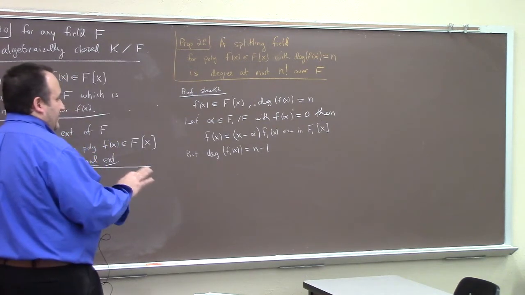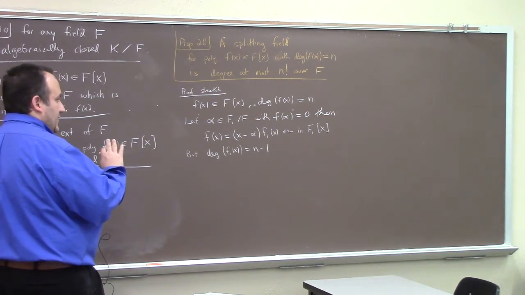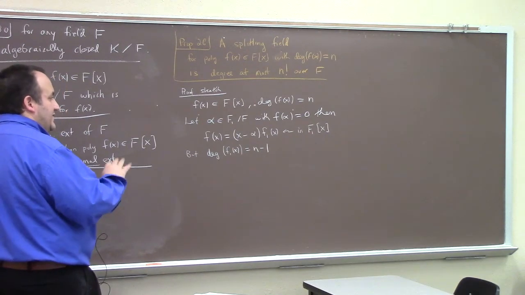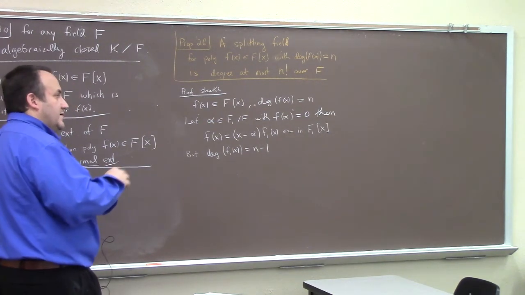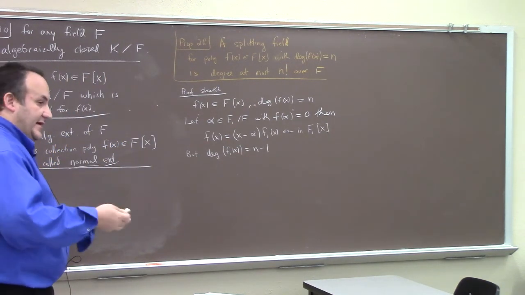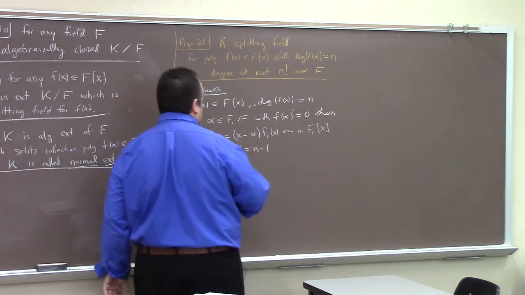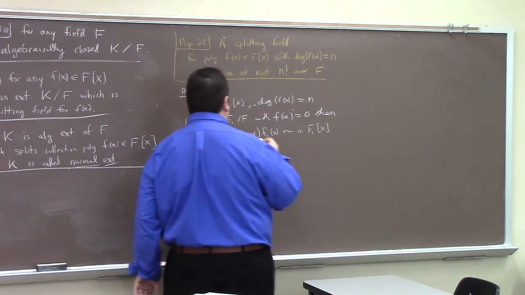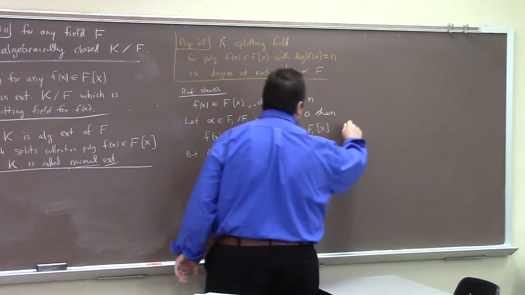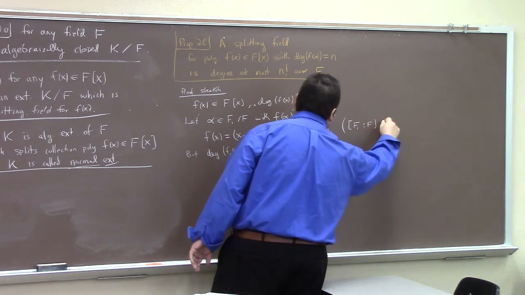So the thing I've buried so far is, what is the possible degree of F1 over F? Since we're adjoining a zero of an nth degree polynomial, if that polynomial is irreducible, that's a degree n extension. So if f of x is irreducible, then the degree of F1 over F is less than or equal to n.